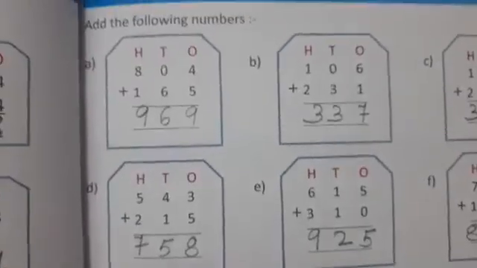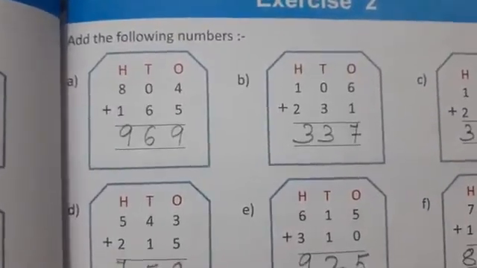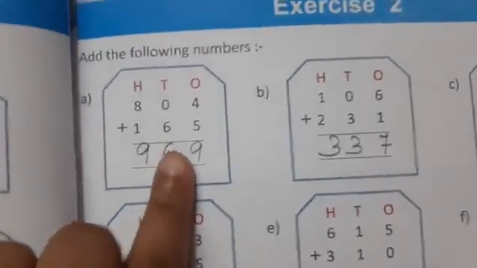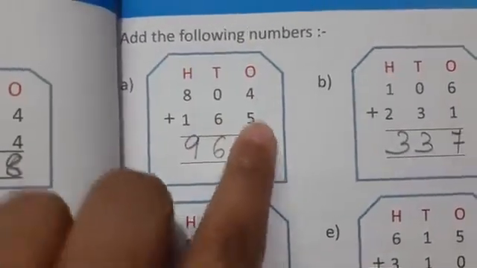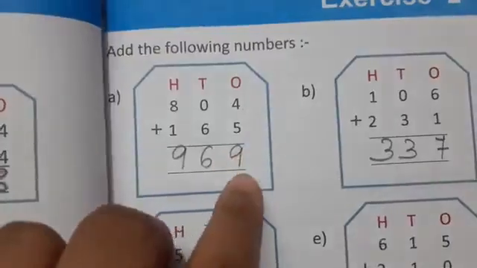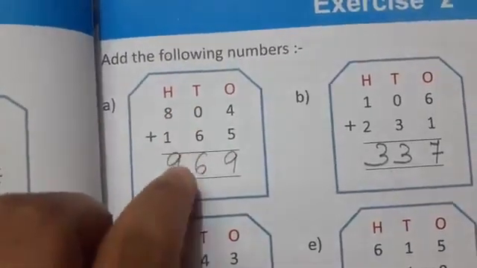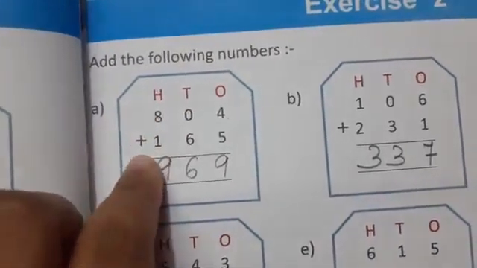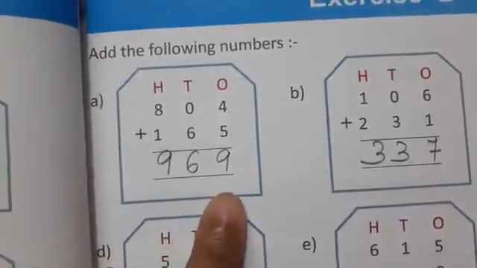Exercise 2, that is your page number 29. You have to do exercise 2 in your maths book as well as in your maths copy. I am telling you only one example, the rest you will do. 804 plus 165. So 4 plus 5, we got 9. 0 plus 6, we got 6. And 8 plus 1, we got 9. That is 969.